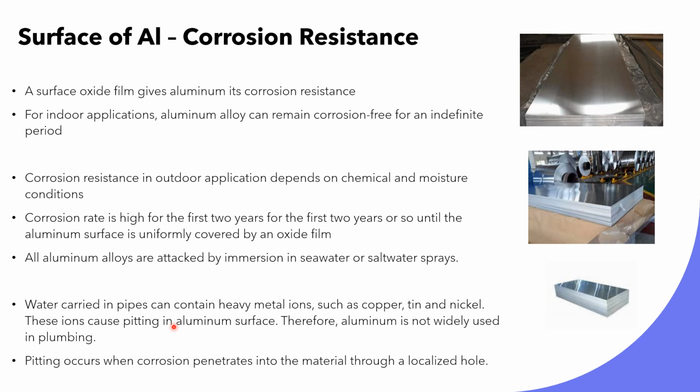These ions cause something called pitting. Aluminum surface can't stand pitting, so we don't use aluminum in plumbing. It's not widely used. We use some, but the water must not carry these pitting metal ions.